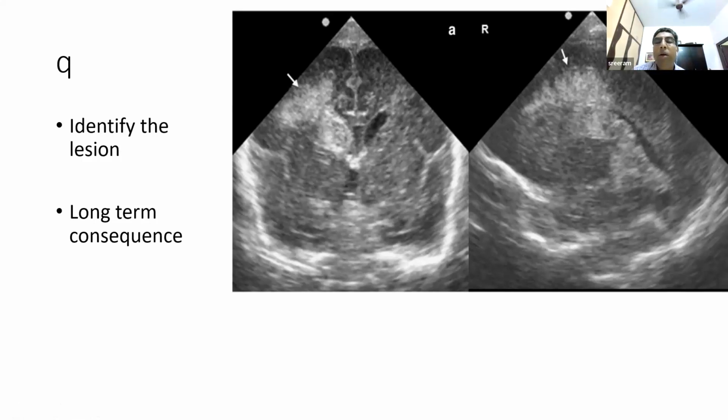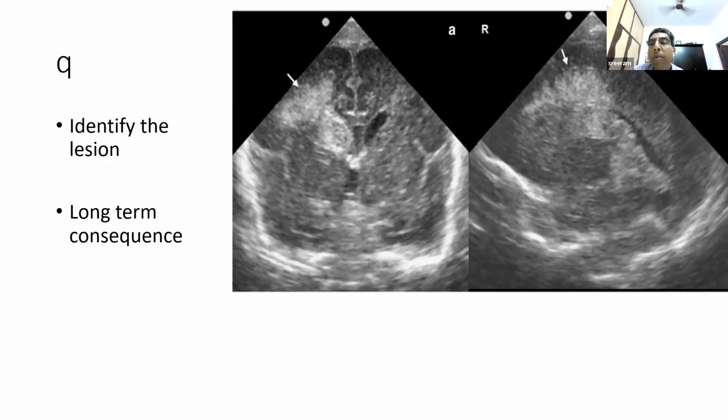Where is the hydrocephalus in this? I don't see a hydrocephalus yet. There is no hydrocephalus. Achha, long term consequence of PVHI. PVHI is unlikely to lead to hydrocephalus.